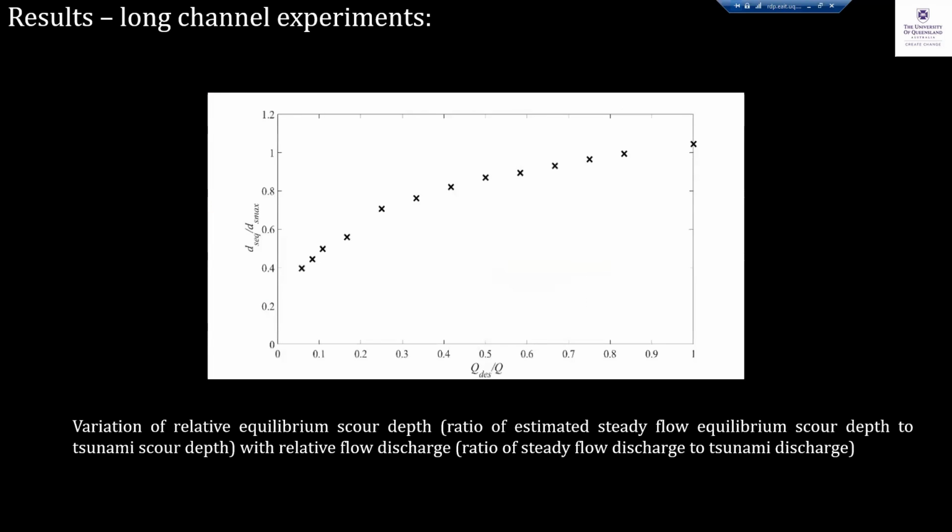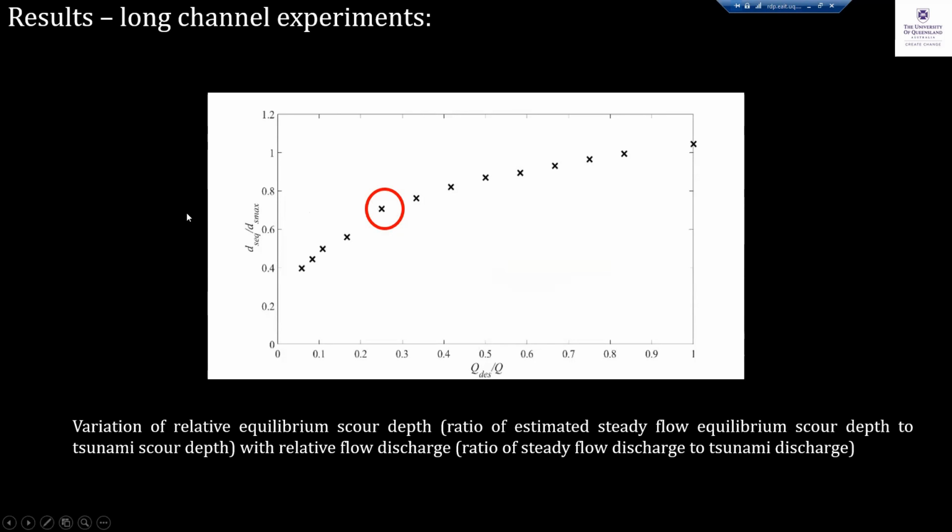If we compare that with steady flow estimations from empirical equations, usually a design discharge is maybe only 30% of the tsunami discharge. And using empirical steady flow equations, we estimate the scour depth to be 65% of the tsunami scour depth.